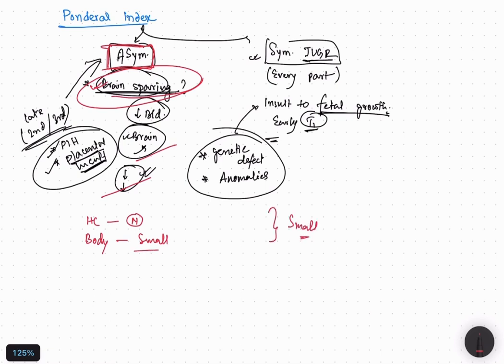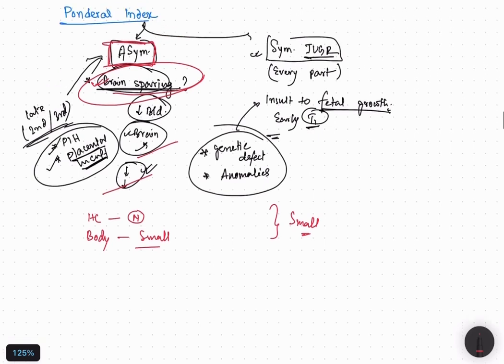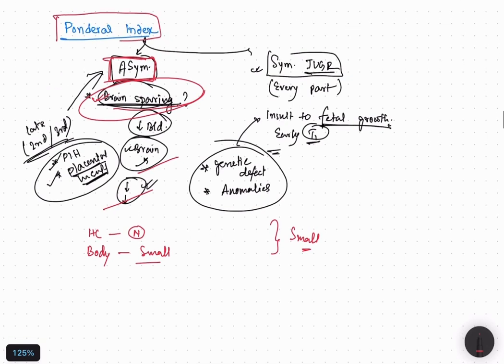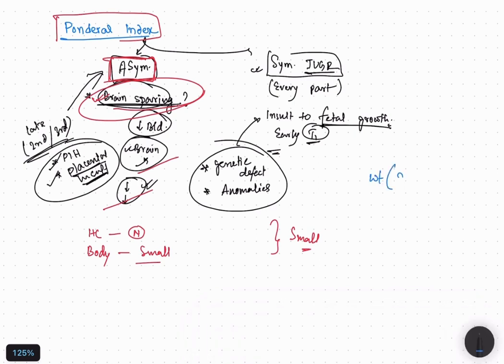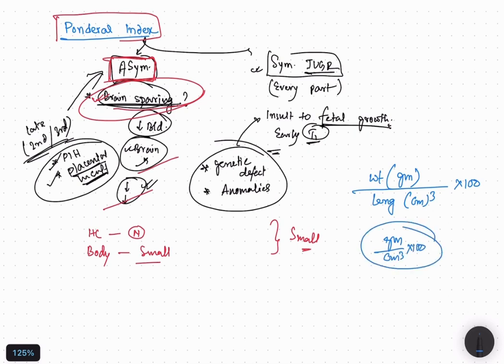Understanding? So how does the ponderal index help? Ponderal index is weight in grams divided by length in centimeter cubed, into 100. So it is basically grams per cm cube into 100. Now if the ponderal index is less than 2, it is asymmetrical IUGR.